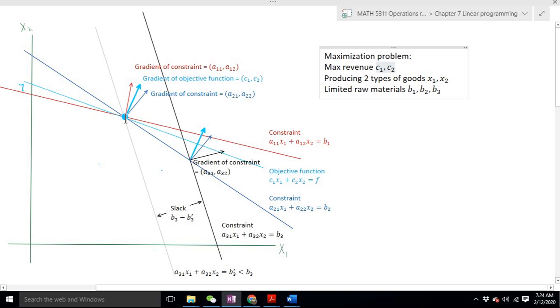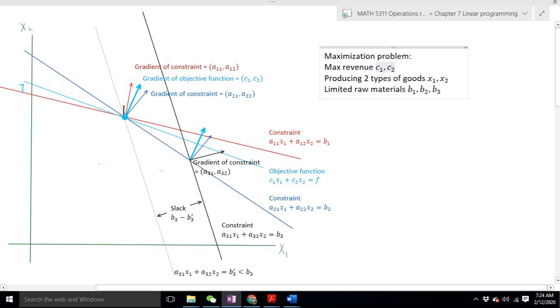Now, what is special about this point? So let me draw perpendiculars to these constraints. This line is perpendicular to the red constraint, this blue is perpendicular to the blue constraint, and this black is perpendicular to the black constraint. And the cyan is the perpendicular to the revenue line.